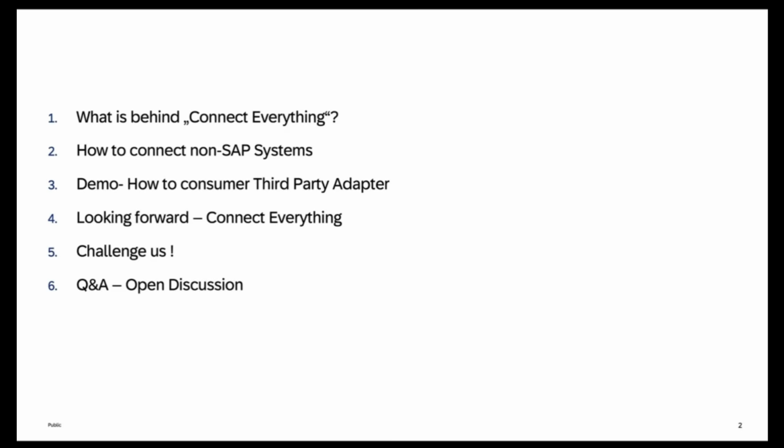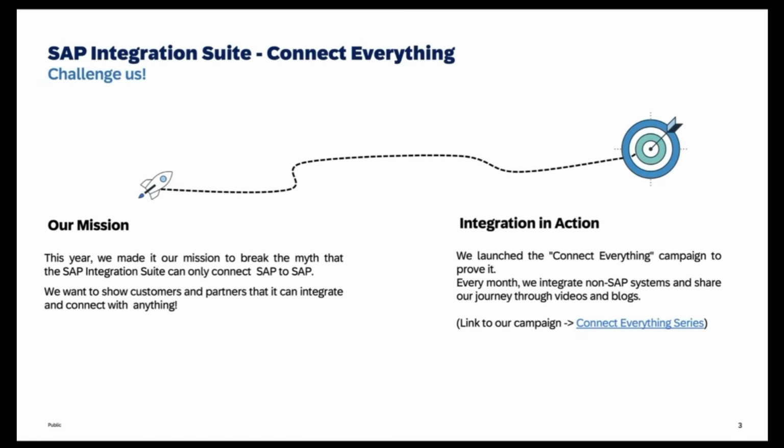Then we also want to talk about any kind of scenarios that you might have had difficulties with in the past. And since we're not quite a large group, we also have some time for a Q&A session at the end.